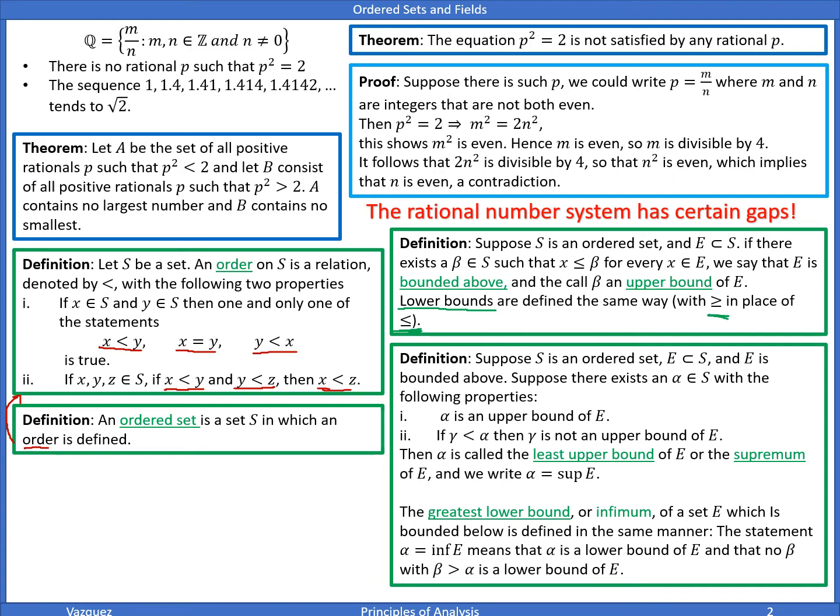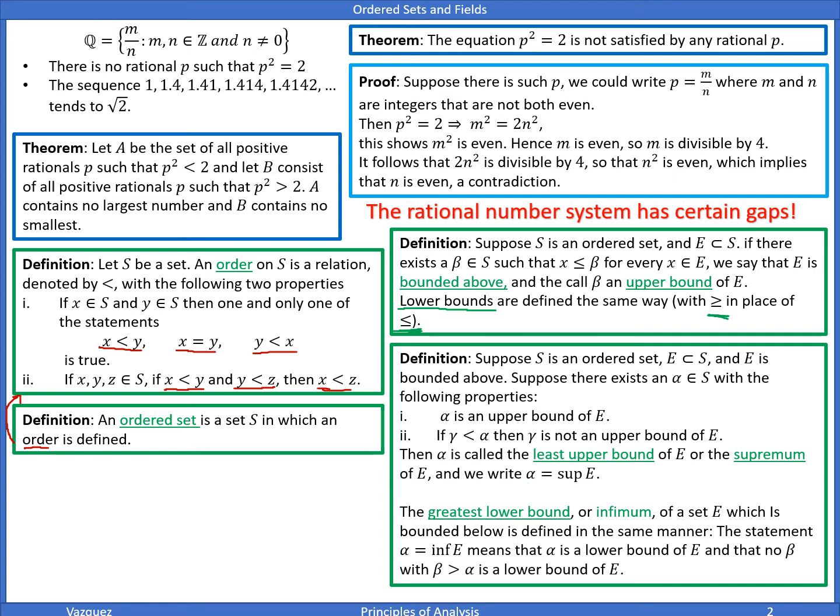Alpha is an upper bound of E, and if gamma is less than alpha, then gamma is not an upper bound of E. If these two properties are met, then alpha is called the least upper bound. Out of all the upper bounds, alpha is the least. Another word for that is the supremum of E, so we usually write alpha is the supremum of E, or alpha equals sup E.